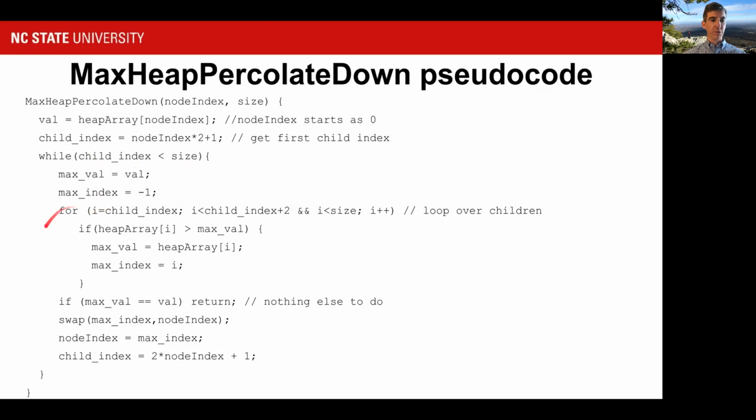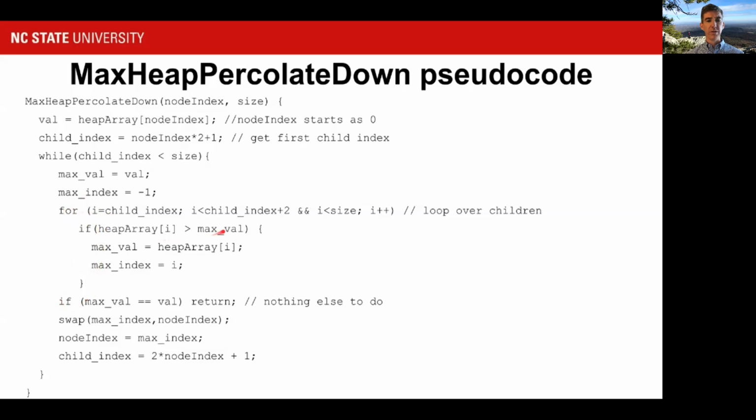Okay, so this first loop here, inside the while loop, right? This while loop will just run until I've pushed the value down as far as I can. And then this for loop on the inside is saying, well, consider both of the children of this node.